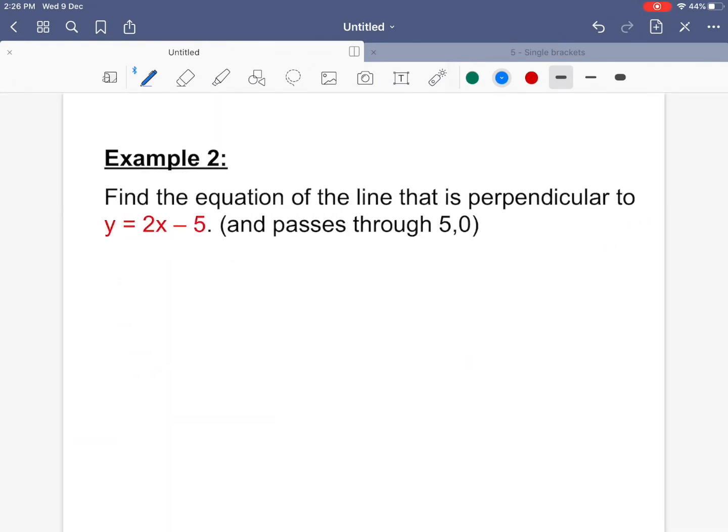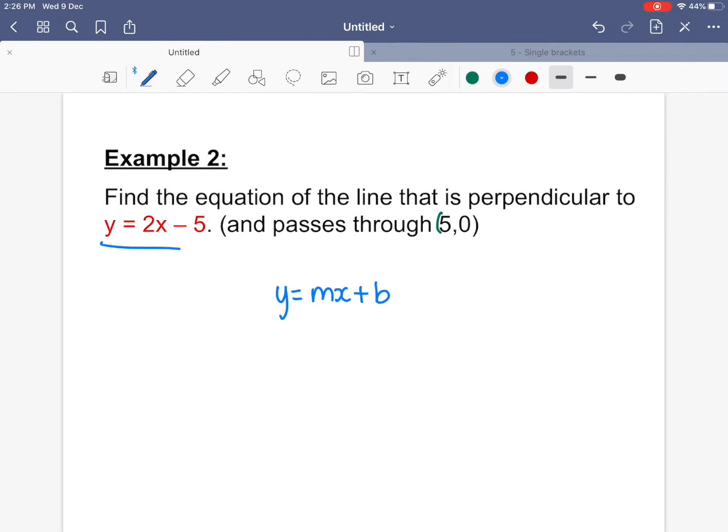So we're going to do similar on this one. Find the equation of the line that is perpendicular to y equals 2x minus 5 and passes through 5, 0. I think the bracket there should be on this part here. On this one we're going to do the same thing. We know that y should equal mx plus b. We're finding a straight line.